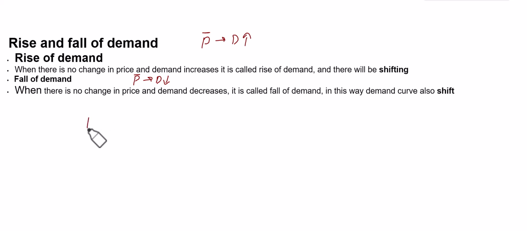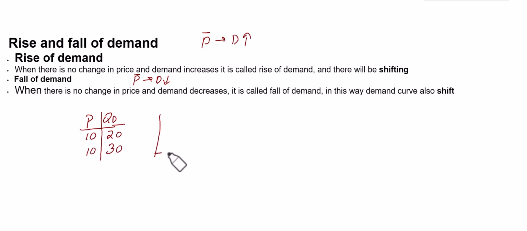So for example, we have two columns: price, and in the second column demand. Let's say the price is 10 and the demand is 20, and then demand goes to 30. So there is no change in price but demand increases from 20 to 30.